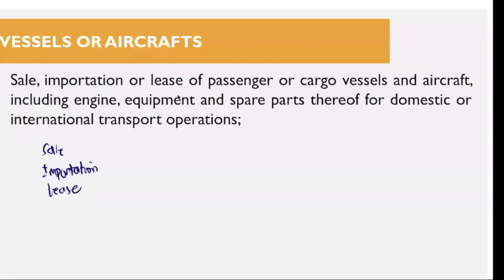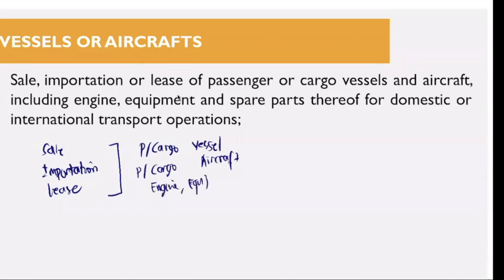So we have here three transactions that are exempt: sale, importation, or lease. Of what items? Those items that is considered as a passenger or cargo vessel, passenger or cargo aircraft, or the engine, equipment, or spare parts thereof. Okay?